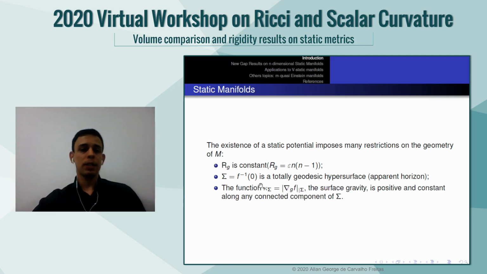And the norm of the gradient of the static potential restricted to this hypersurface, which is called surface gravity, is positive and constant along any connected component of these sets.